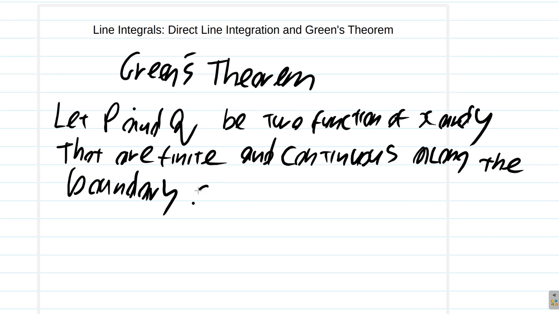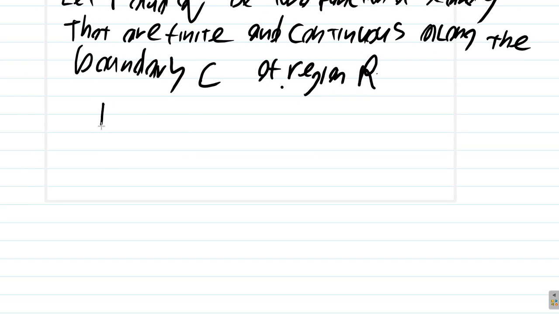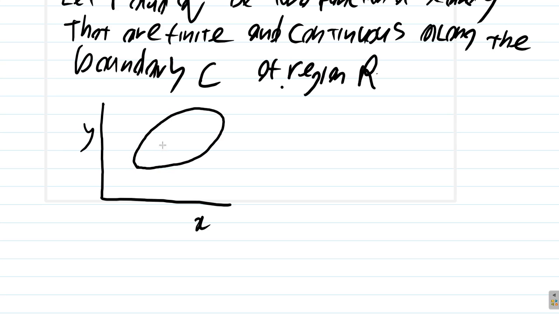So it's along a boundary C of region R. So the enclosed region is what we call R. Now, if the first partial derivatives are finite and continuous within the region and on the boundary, what we have is a situation like this.